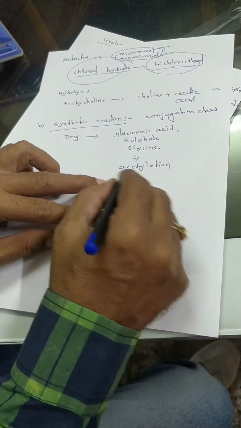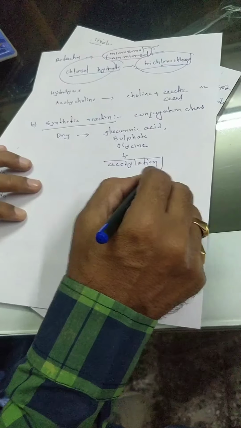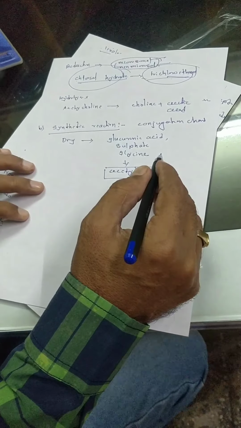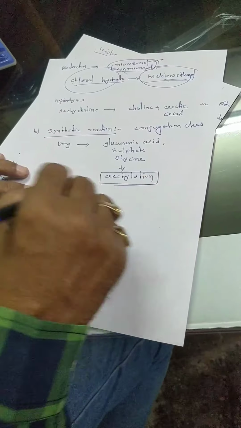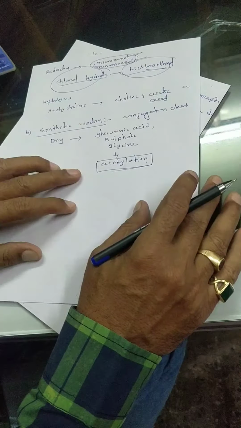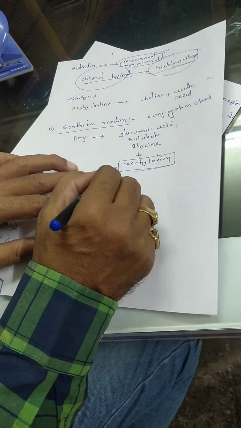Acetylation process. Now in pharmaceutical chemistry 2, you know what is meant by acetylation; madam has explained it already. Acetylation in the PC2 reaction is a chemical reaction.